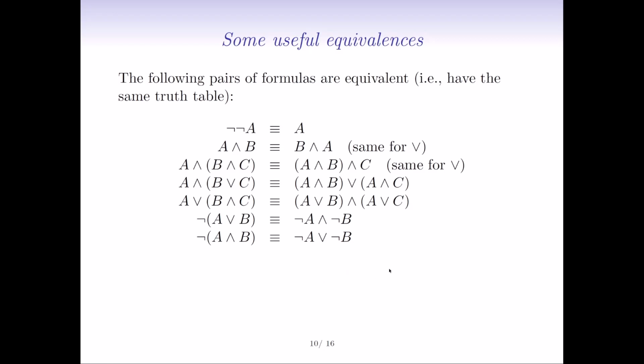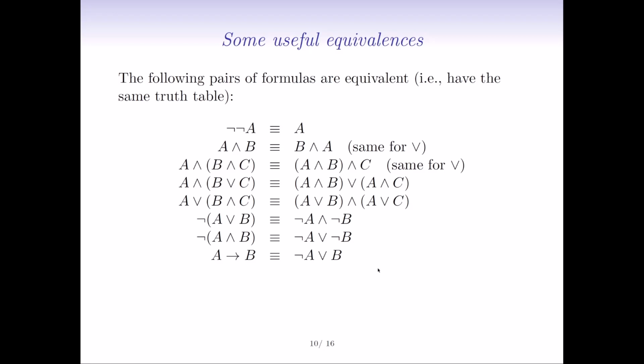So again, you can also see that this plays the role of moving negation either into or out of formulas. Obviously, if you're going from left to right, then you're pushing the negation further down into the formula structure. And if you're going from right to left, then you're kind of pulling it out somehow.